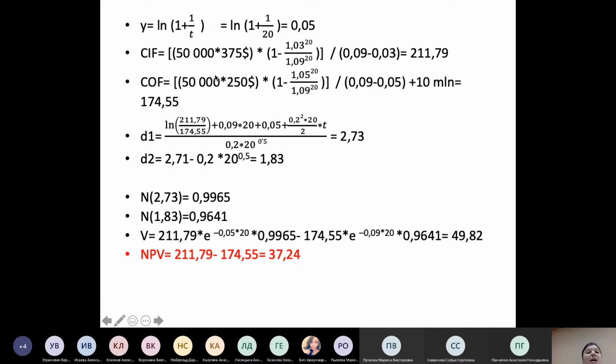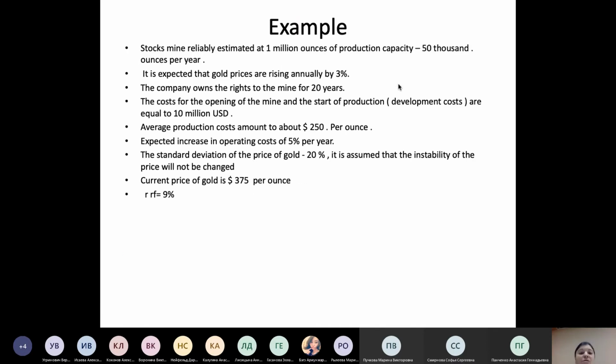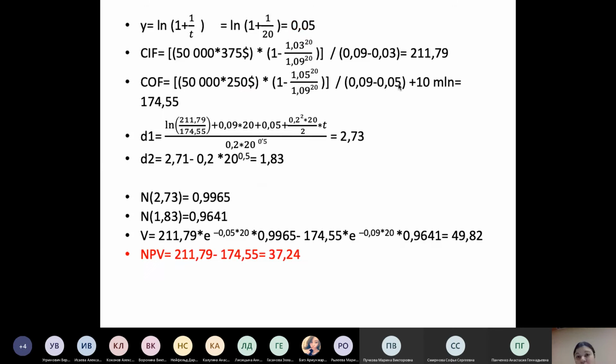And it will be 50,000 multiplied by $250 as our production for 1 year, multiply (1 minus ((1 plus 5%) to the extent 20, divided by (1 plus 9%), our risk rate, to the extent 20)), and all these components we have to divide by 9% minus 5%. And don't forget to add our 10 millions based on our previous contexts.